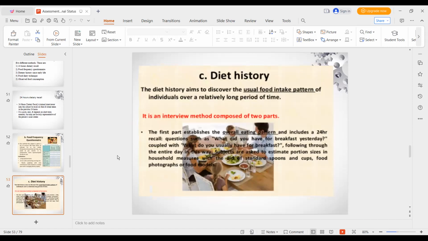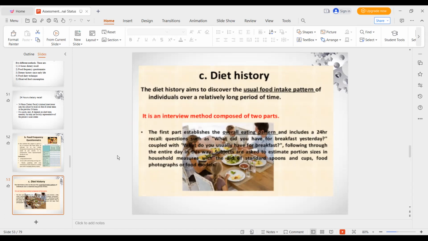The next is diet history. The diet history aims to discover the usual food intake patterns of an individual over a relatively long period of time. It is an interview method composed of two parts. The first part establishes the overall eating pattern and includes a 24-hour recall, with questions such as what did you have for breakfast yesterday, coupled with what do you usually have for breakfast, following through the entire day.